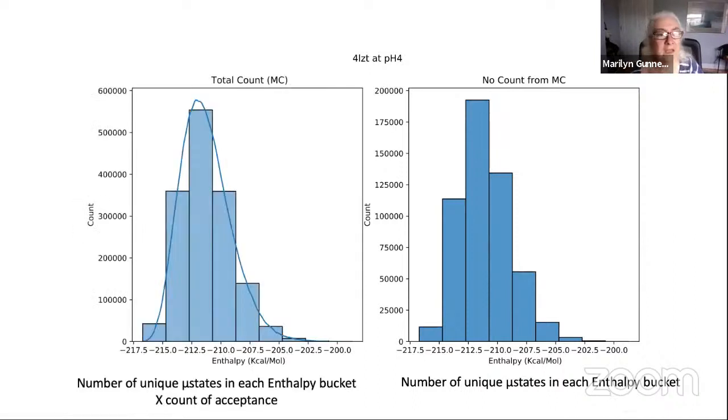Then, if you want to actually get the Boltzmann average, you need to count each unique state by how many times you had to accept it before you found the next unique state that satisfied the Metropolis sampling. So these look pretty similar. They're not exactly the same. For this, we're doing a lot with just unique states, not with the counts, but we go back and forth.